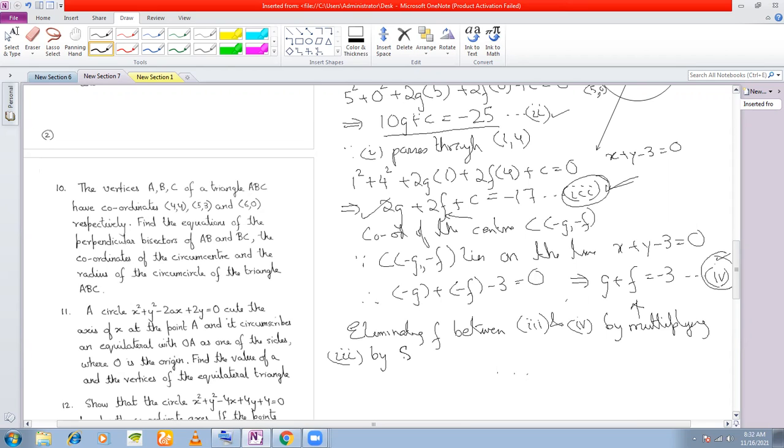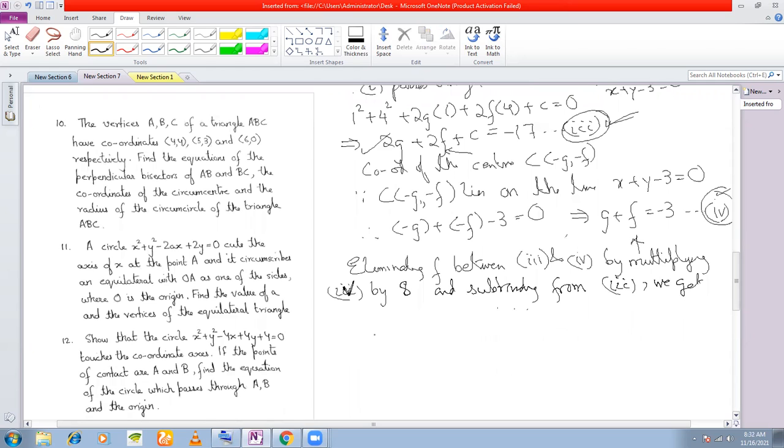Yes, so multiplying 4 by 8 and subtracting from 3, we get 2g plus 8f plus c is equal to minus 17, and you get 8g plus 8f is equal to minus 24.